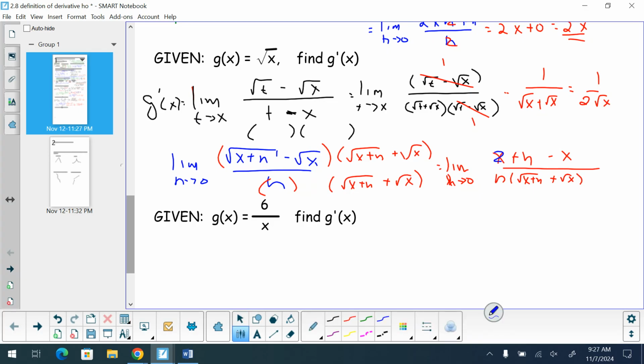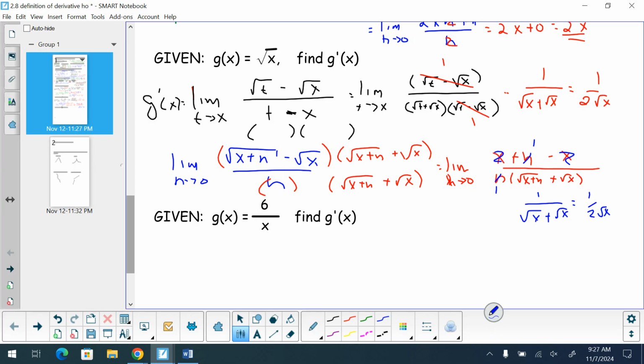The x's, they go bye-bye. I can cancel out my h's. So we're left with 1 over, as h approaches 0, square root of x plus square root of x, and 1 over 2 square root of x. Once again, more than one way to skin the proverbial cat.